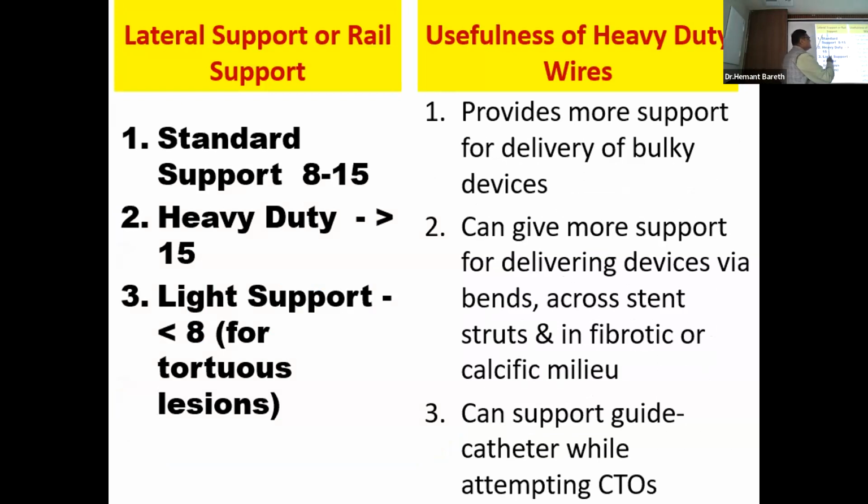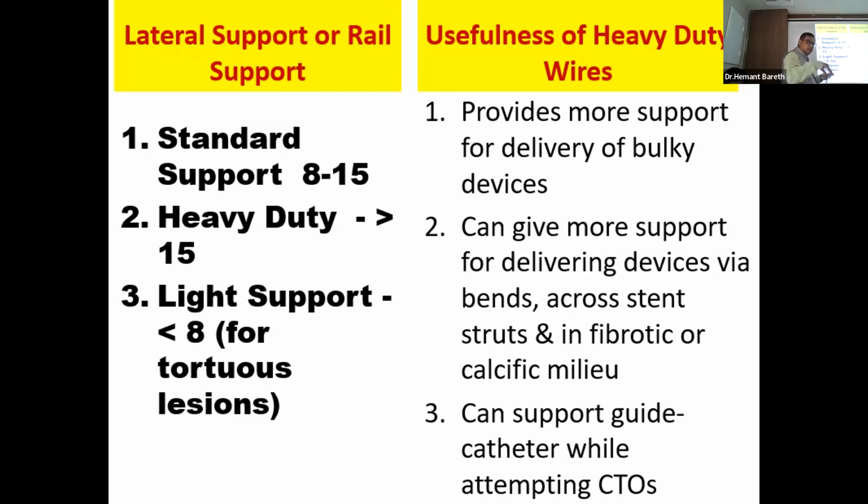One is standard support, which is anything between 8 to 15 gram that you require at that point to bend it. So 8 gram at 100 mm to bend it, then this is a standard wire. Between 8 and 15 is standard, more than 15 is heavy duty, and less than 8 is light support.